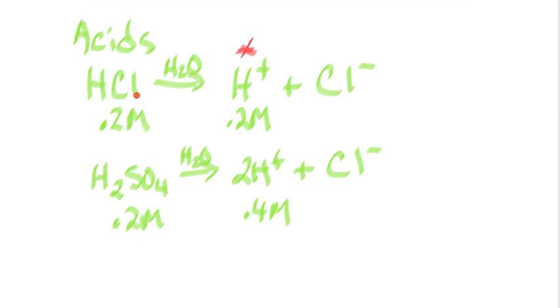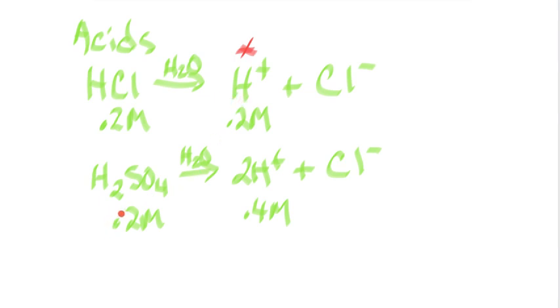You learned that if you know the concentration of the acid itself, 0.2 molar in this example, you can easily determine the concentration of the hydrogen ions. So in this case, it's also 0.2 because of the 1-to-1 ratio.